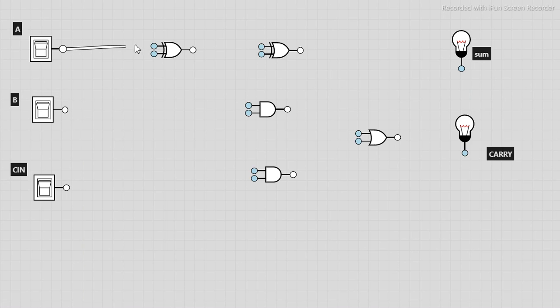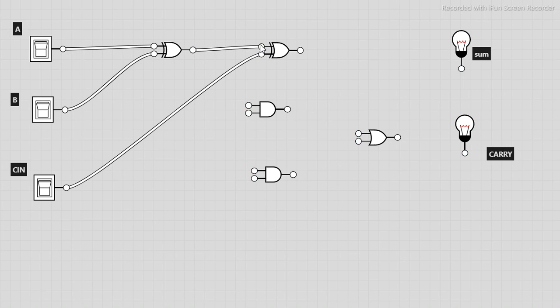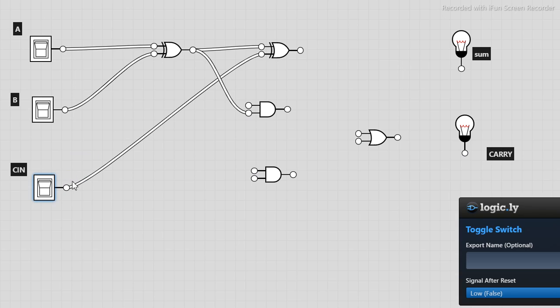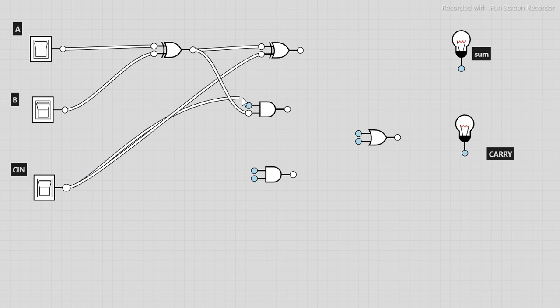A is connected to XOR gate and B also connected. It will be connected to this. XOR gate is connected to another XOR gate. It will be connected to this place and it can be connected.